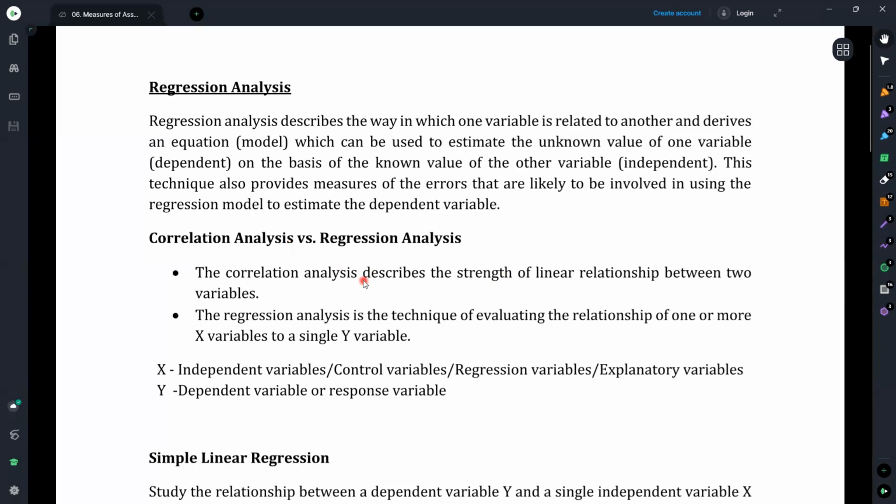But when we discussed correlation analysis, we only discussed linear relationships among the variables. If you use regression analysis, we can go for higher order relationships among the variables as well, not limited to the linear relationship.